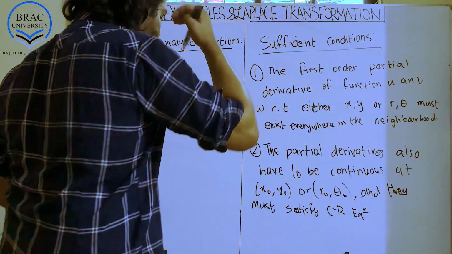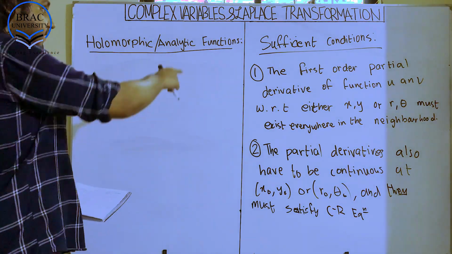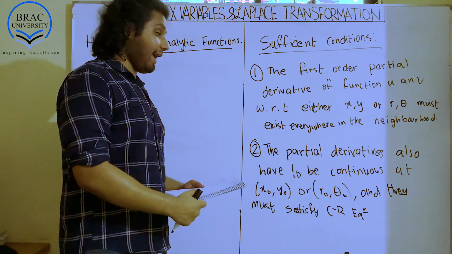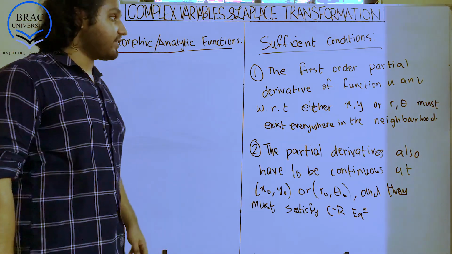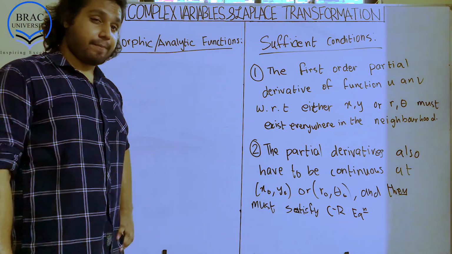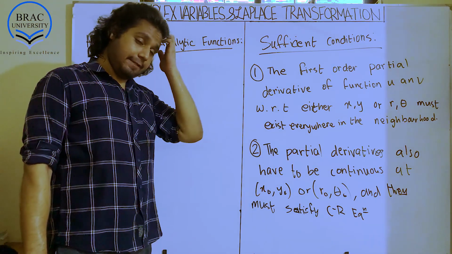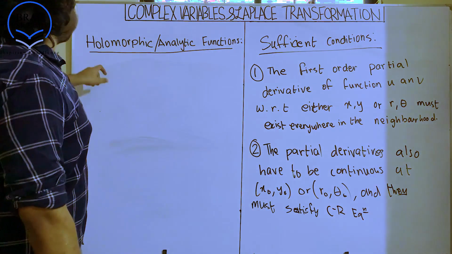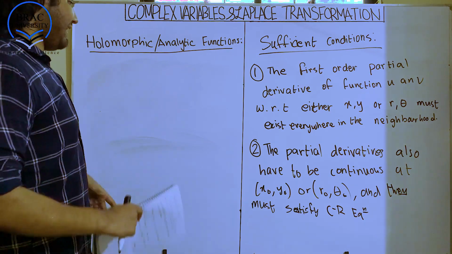Now, with these two conditions in order, and the fact that your function f is continuous over a domain D, you will have that your function would be holomorphic or analytic.